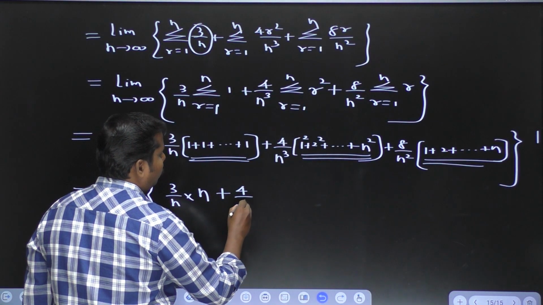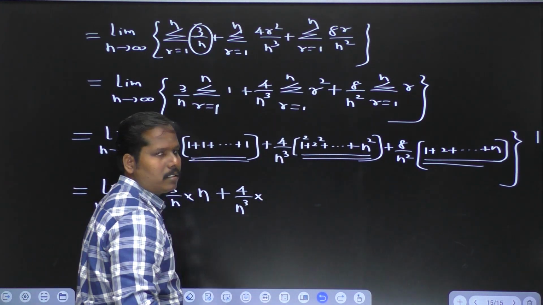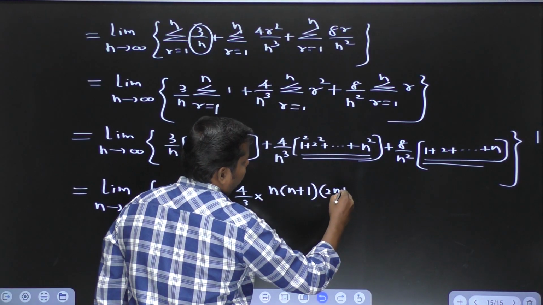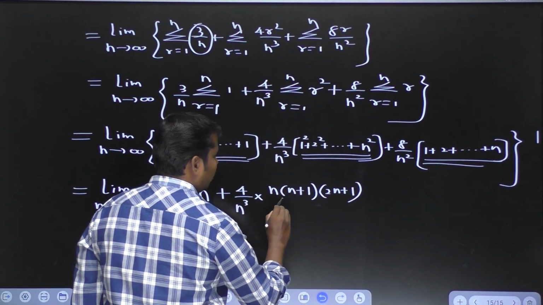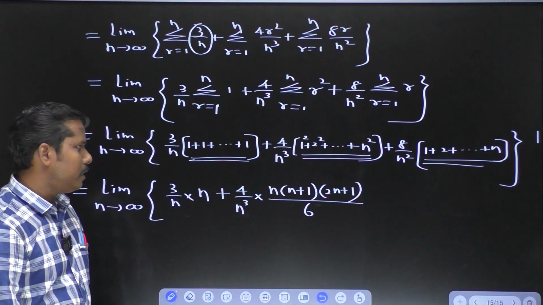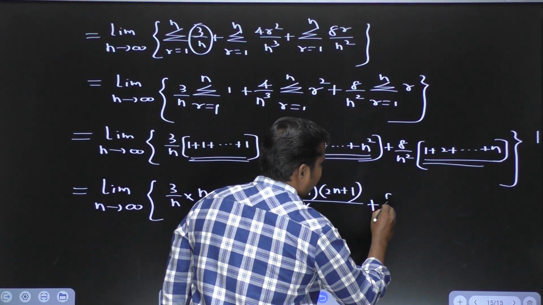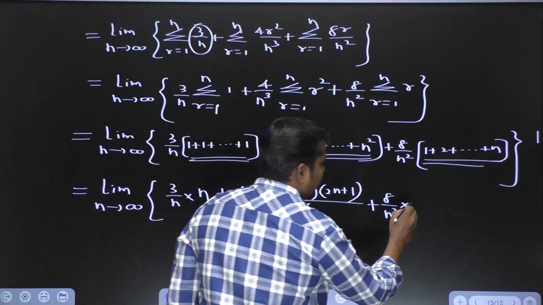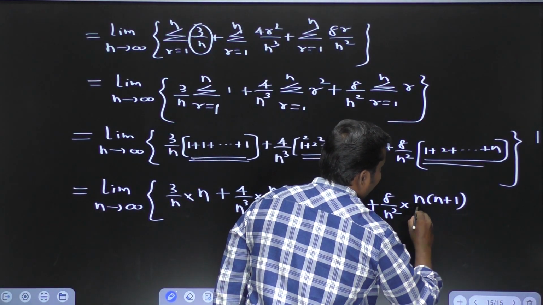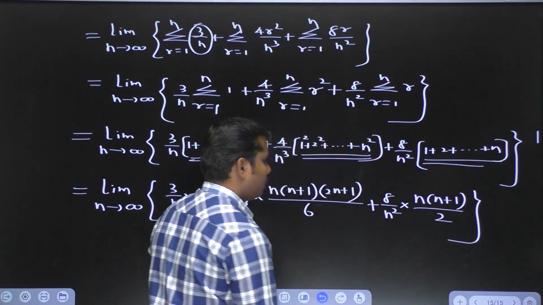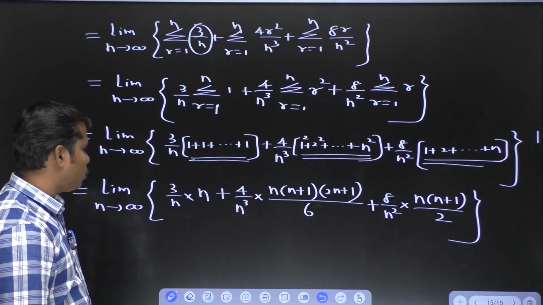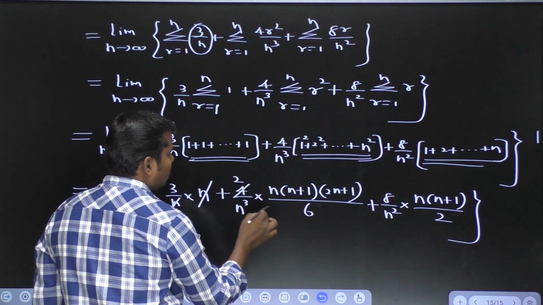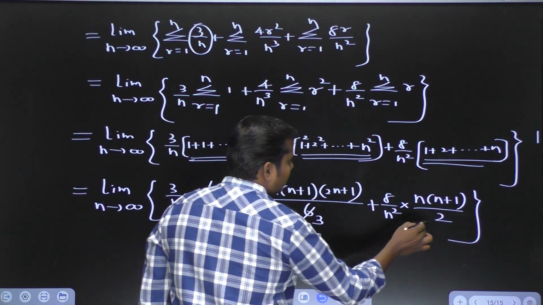Plus 4 by n cube into, what is the formula for this? You got it already. N into n plus 1 into 2n plus 1 divided by 6, plus 8 by n squared into, what is the sum of the first n natural numbers? N into n plus 1 by 2. Close the entire bracket. Now wherever cancellation is possible, you should go for that. n getting cancelled. Here 2 2s are 4, 2 3s are 6. Here 2 4s are 8.